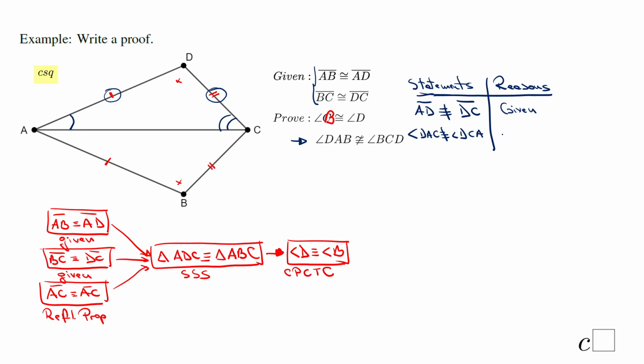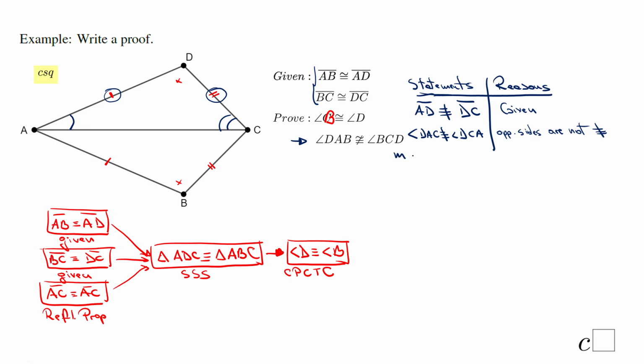So I'm gonna say here opposite sides are not congruent. That is an inequality in a triangle. So that's the reason for this angle not being congruent. Now we can multiply each side by 2. In fact, let me write it like this.